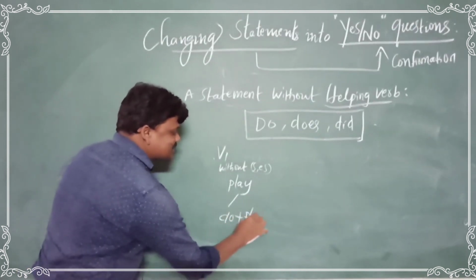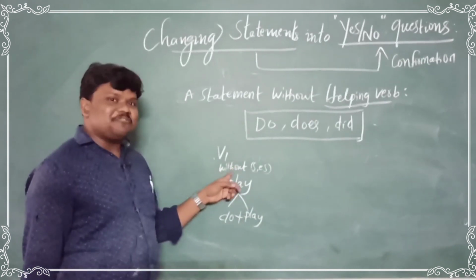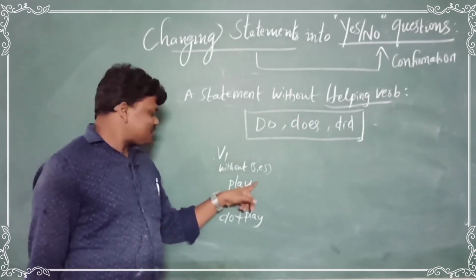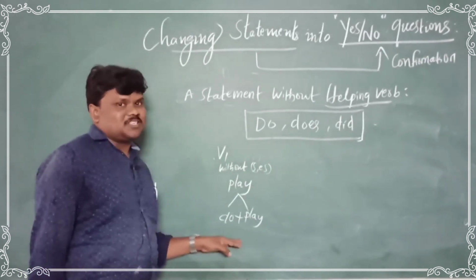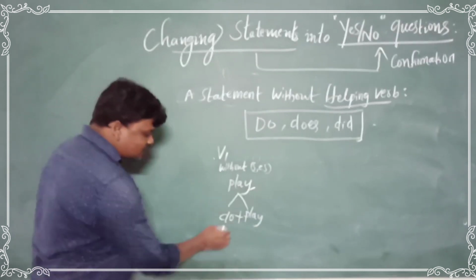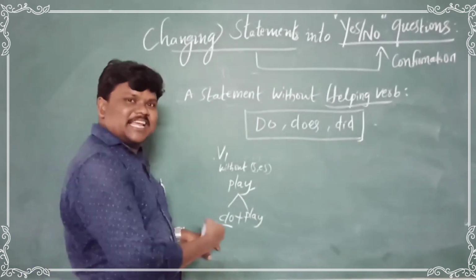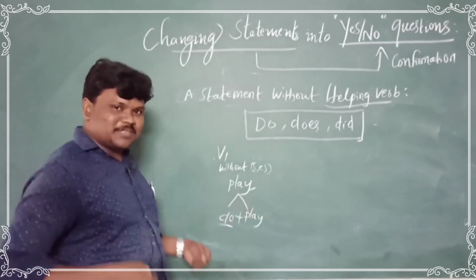Do plus play is equal to play. If a verb 1 came without any s or es, it has the compulsory helping verb do. So keep in mind, if a verb came without s or es, do is hiding. It is just hiding like a devil, a ghost. We need to drag it out from that.